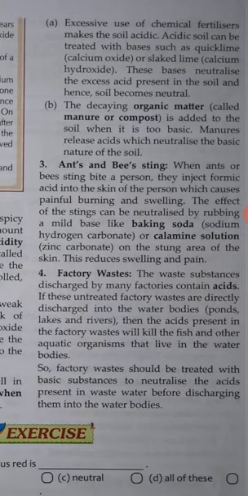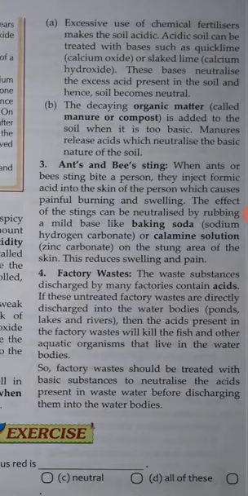When we rub it on that area, the skin absorbs the baking soda and it reacts with that acid. Since baking soda is a base, an acid and base reaction takes place, again a neutralization reaction. So we get relief from the pain or irritation. So this is the third application of neutralization reaction.